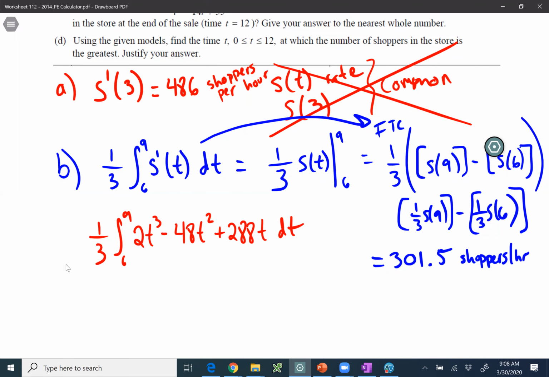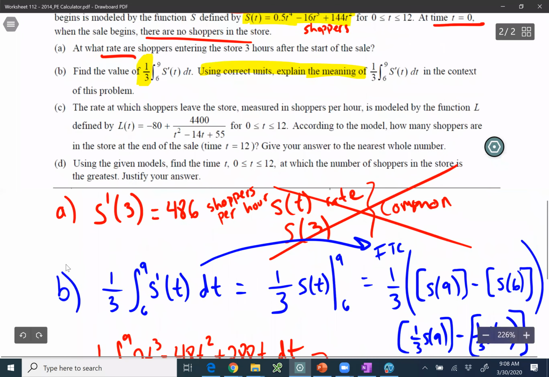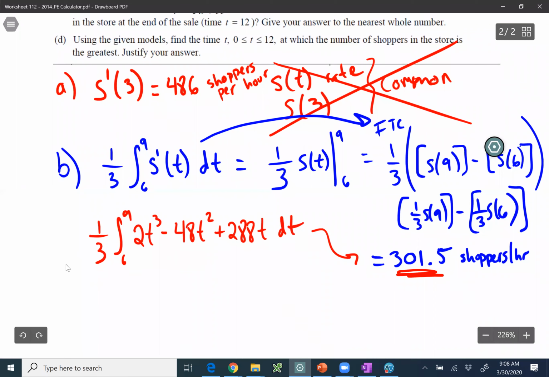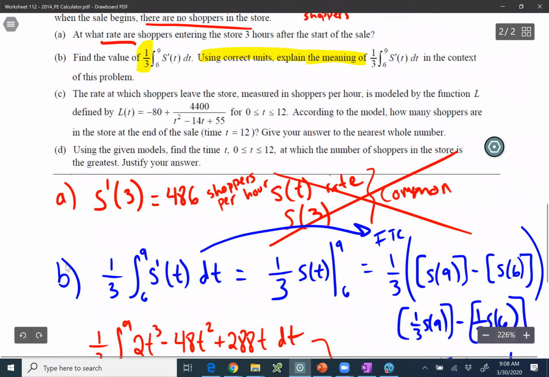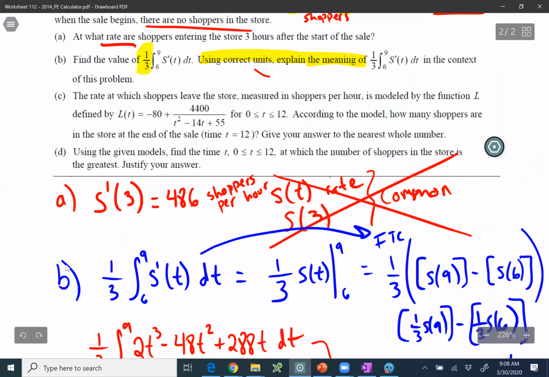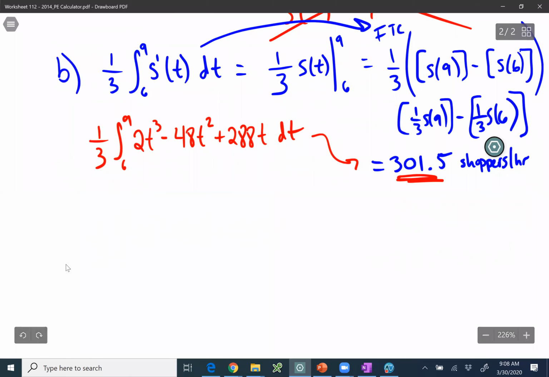Now, so 301.5, that would have been 1 point. The second point here is for using correct units, explain the meaning. So remember, kind of like our sentence starter, we had 1/3 integral from 6 to 9 of S prime of t dt is, now we want to think, what is it?